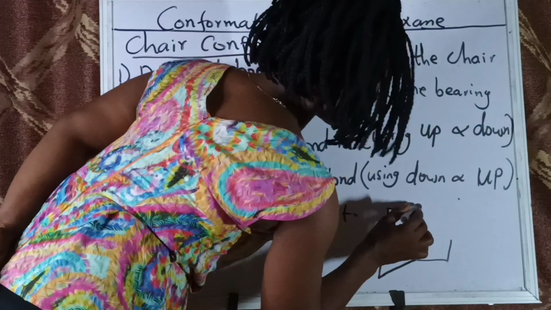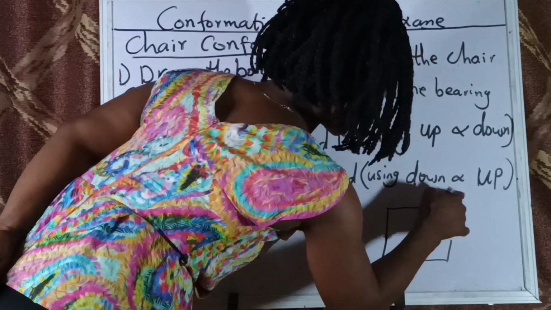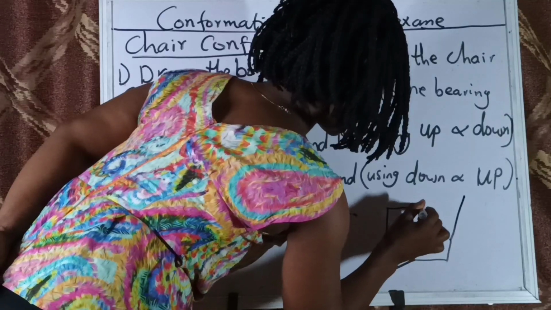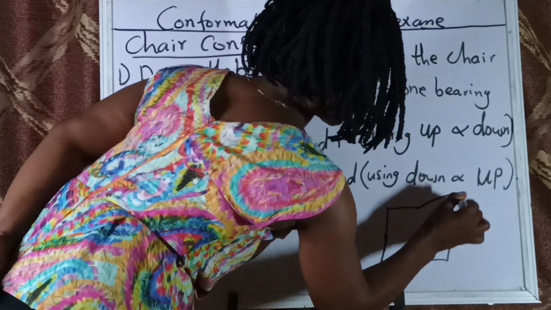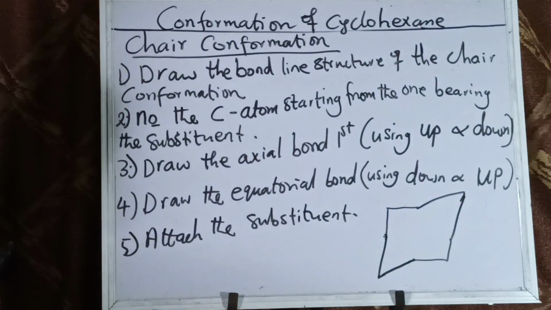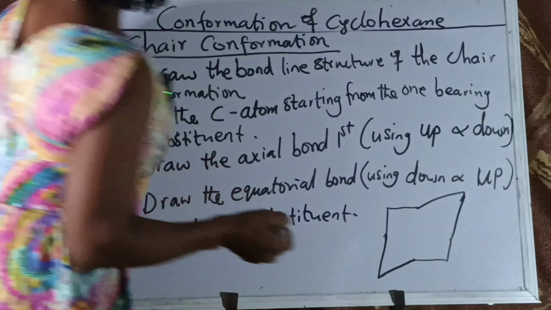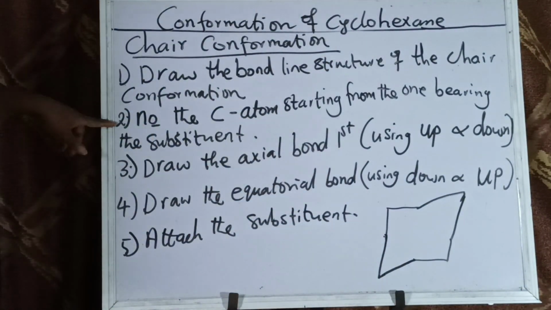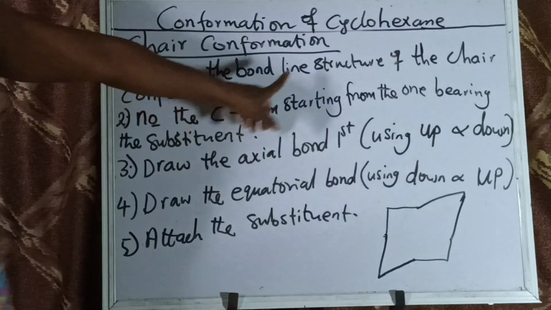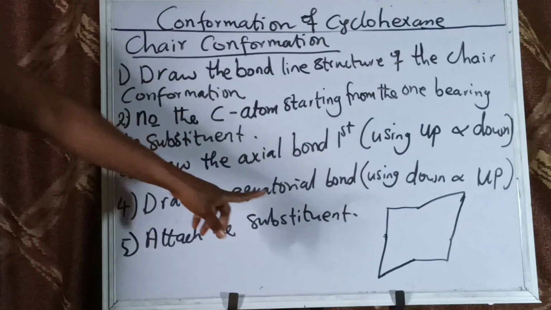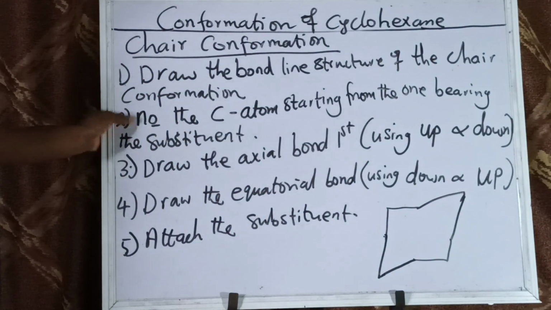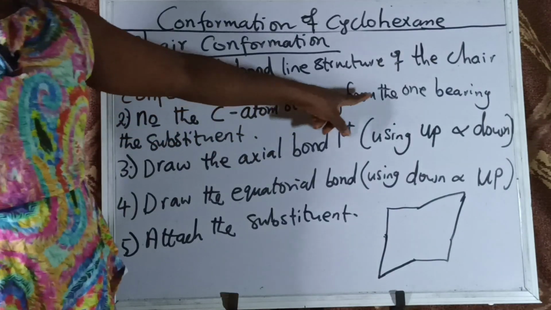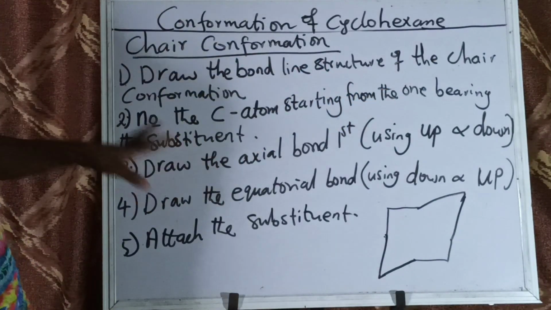Then this, you connect to this dot. And that is it. So in this case, I have drawn the line structure of the chair conformation.